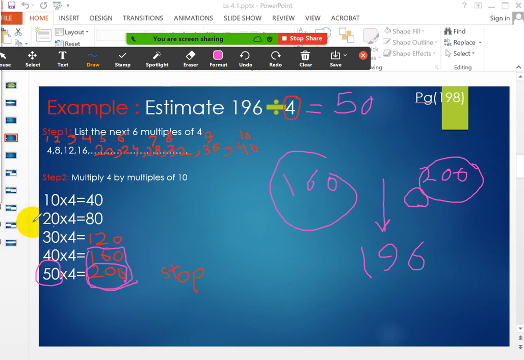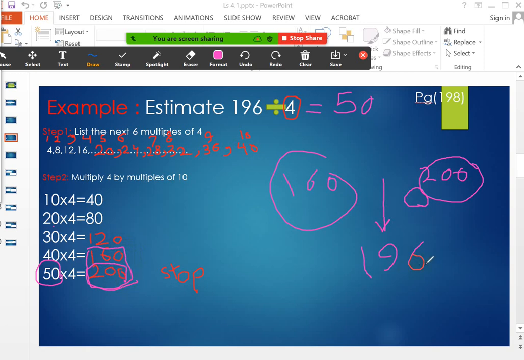So I will start to find the multiples. 10 multiply 4 equals 40. 20 multiply 4 equals 80. So I will find 30 multiply 4 equals 120, until the multiple is greater than the number 196. After that, we will stop here. Look, the last two multiples were 160 and 200.